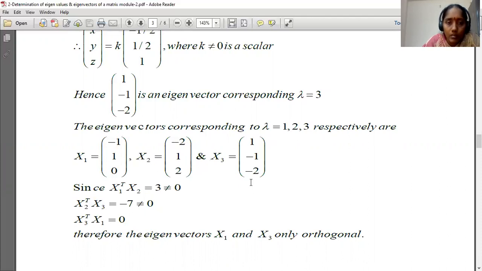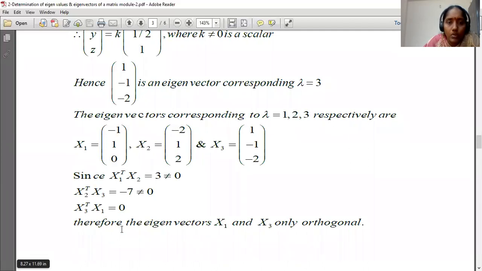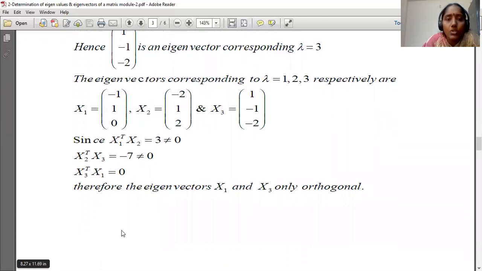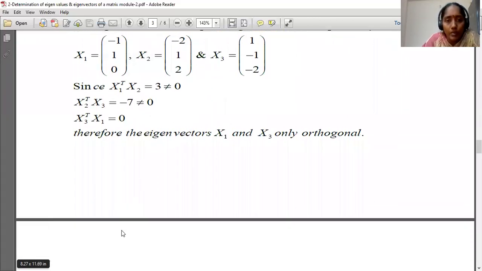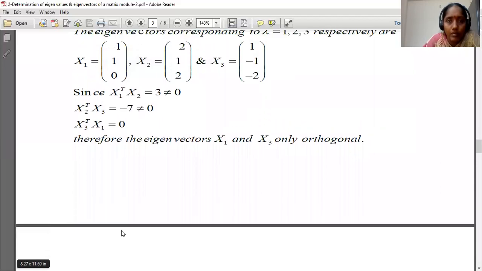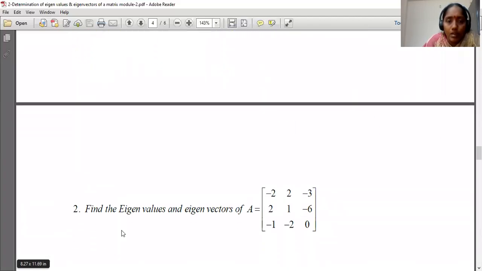Okay. Which is also not equals to 0. So these vectors are not orthogonal vectors. Okay. So now we move to another problem.